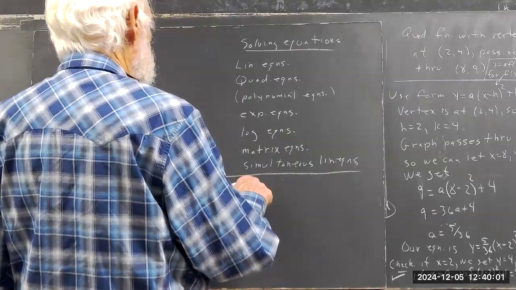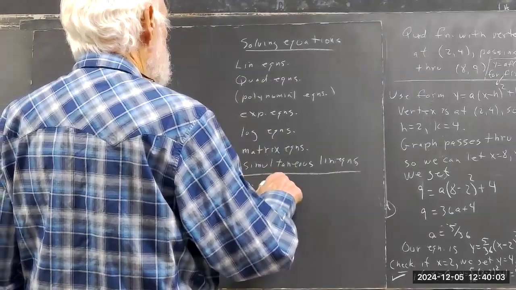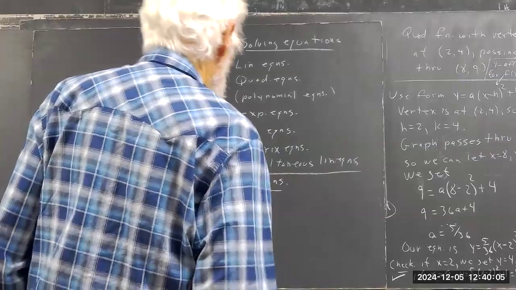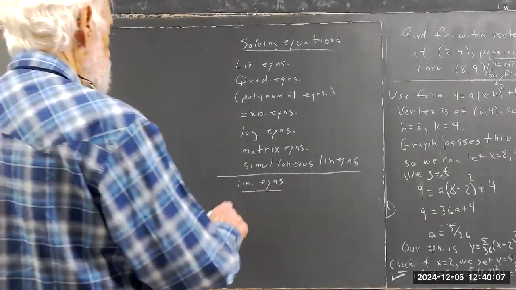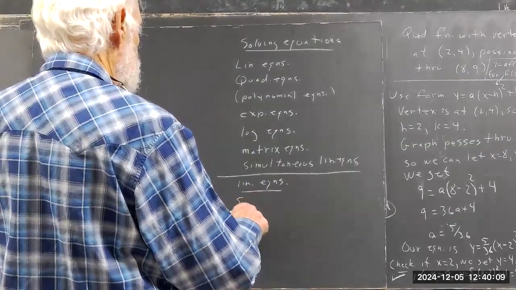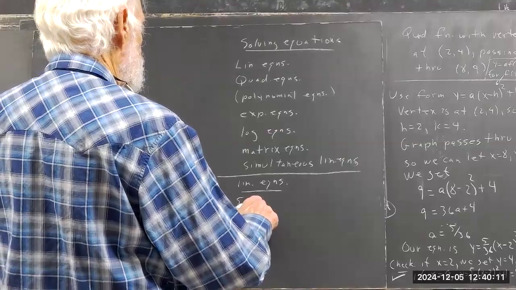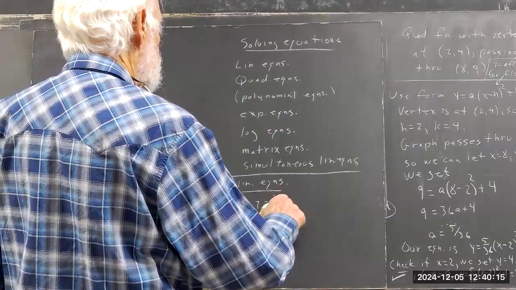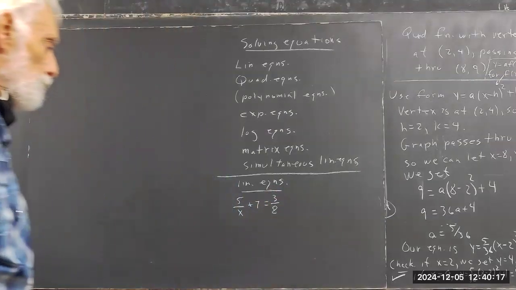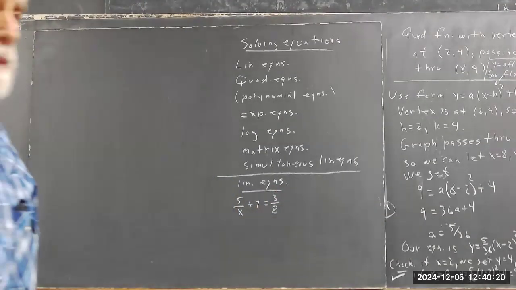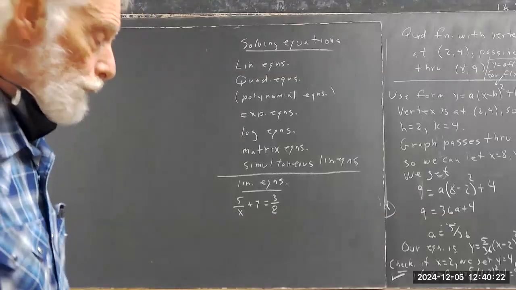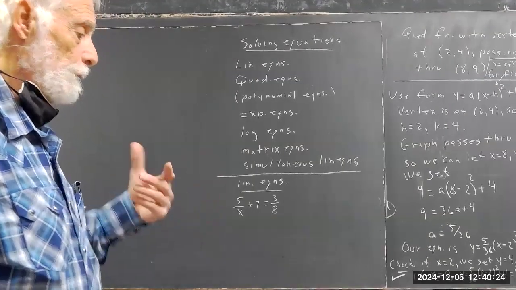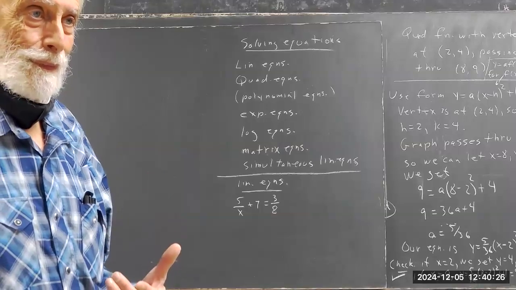Now, for linear equations, I'm only going to look at one kind of equation, which is like, let's say, 5 over x plus 7 equals 3/8. This is something that I have trouble convincing people to do.